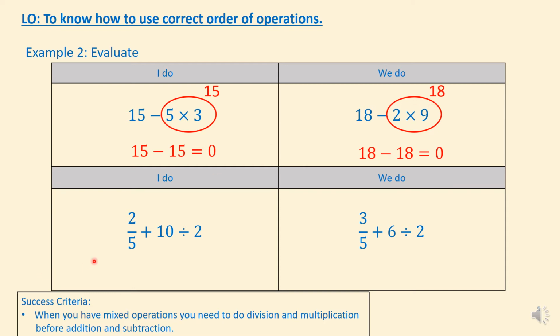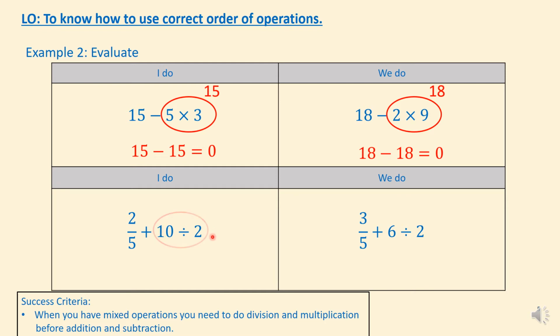Okay, this one is slightly different because you're dealing with fractions, but the rule is exactly the same. I can't just start from the left and go to the right because I have addition and I have division. They are different operations, so I need to follow the order. And I know division comes before addition, so I have to do this bit first.